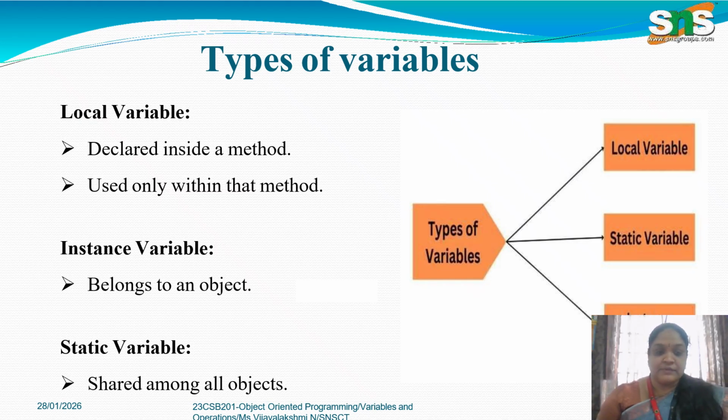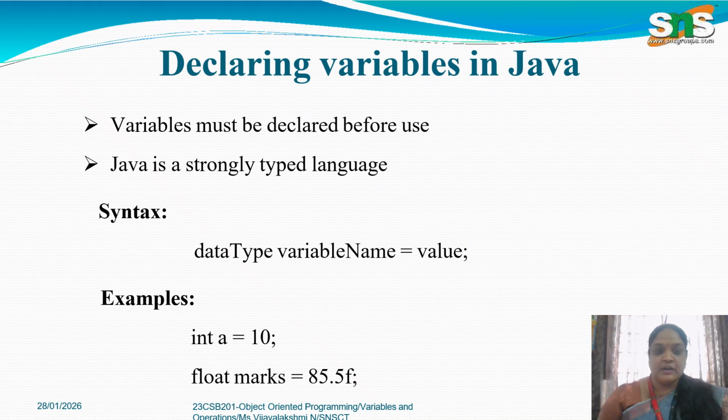The next is the instance variable. Instance, we already know the definition, we can treat it as an object, so it belongs to an object. And a static variable is the variable which can be shared among all the objects. So these are the 3 types of variable.